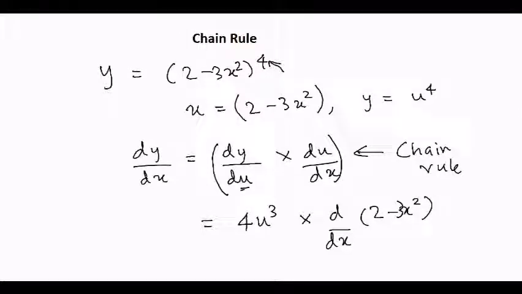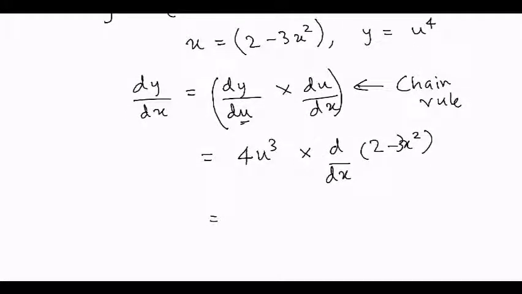Now this works out to be 4u cubed times, if I differentiate this with respect to x, it's minus 3 times 2 times x. The power of x was 2, and it came down to be just x, and then the 2 came down from here, so it's 3 times 2 times x. So if I combine all these terms together, what I'm getting is minus 24x times u cubed.